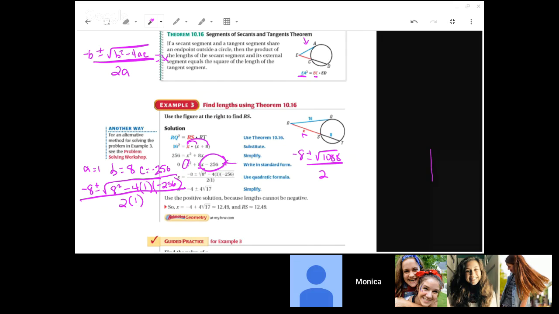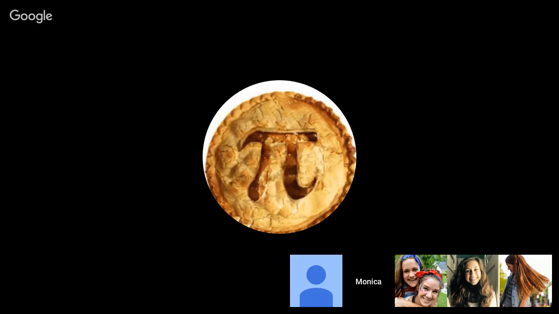Okay, no one else has questions about how to do that? All right, we're going to look at number 18 on the worksheet then.